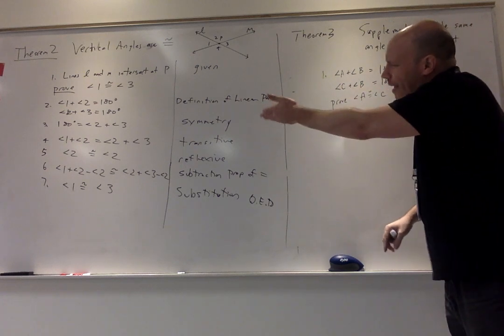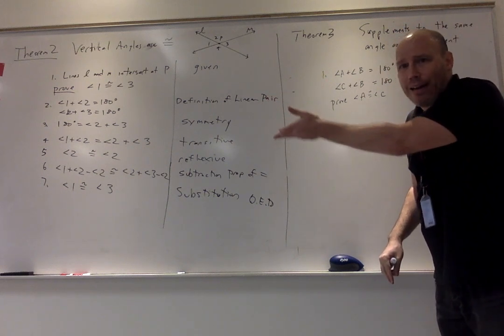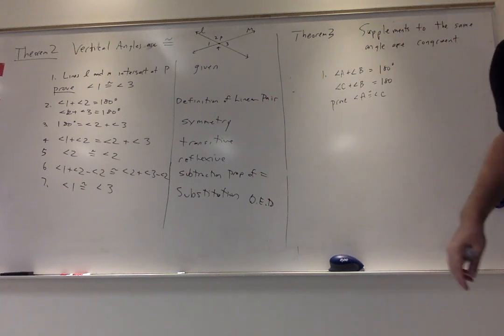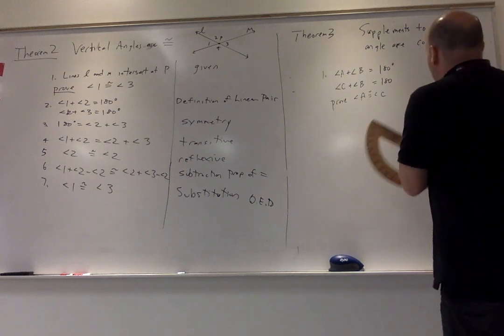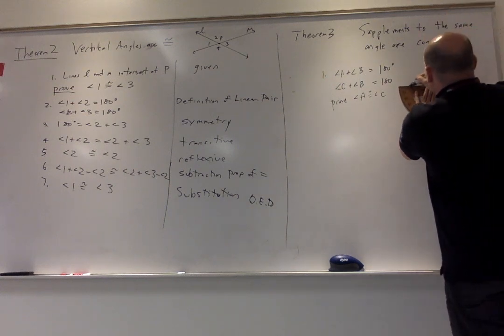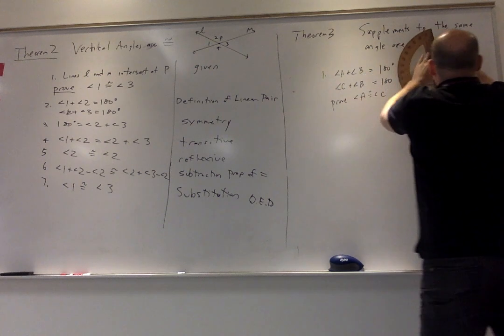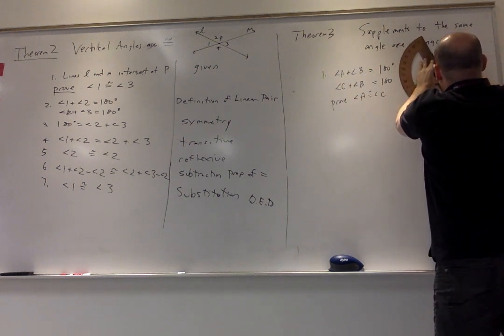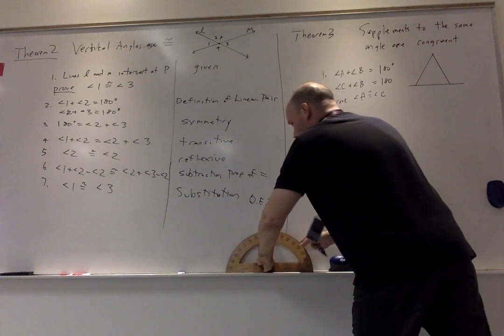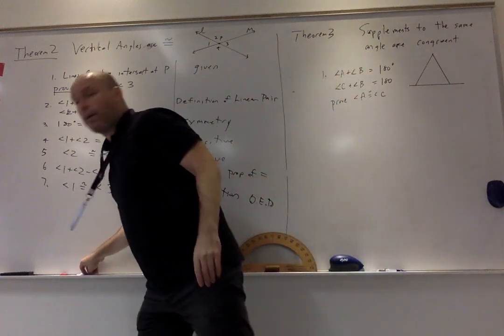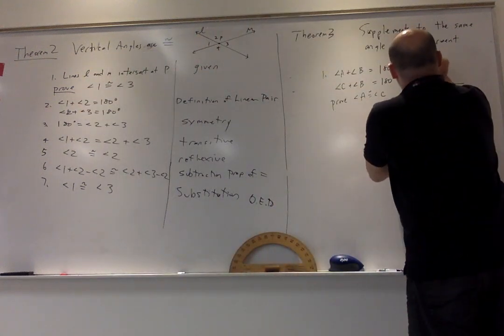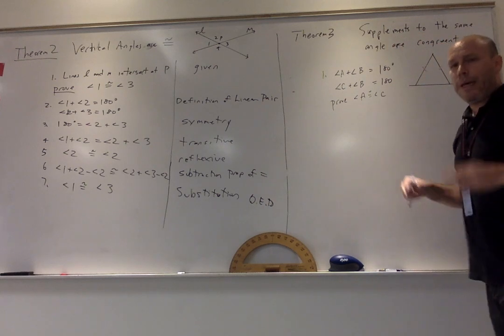Once again, you're looking and saying, Mr. Adler, we just did that. But no, here's an example of a problem that's going to be showing up in like a month. Here's an isosceles triangle. You're going to have these two sides congruent.